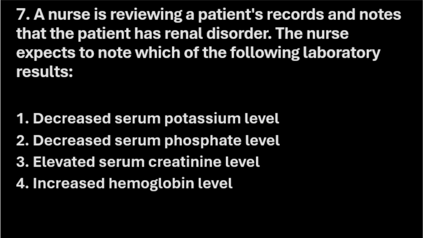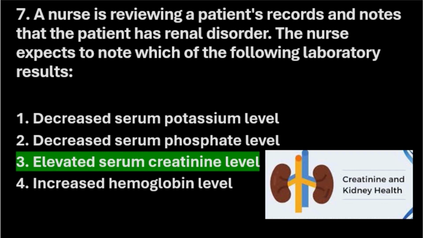Right answer is option 3, elevated serum creatinine level, because this is a renal disorder case and the patient's renal parameter like creatinine can be elevated in this kind of renal disease cases, because creatinine is the indicator of health of kidney, just like bilirubin for liver.